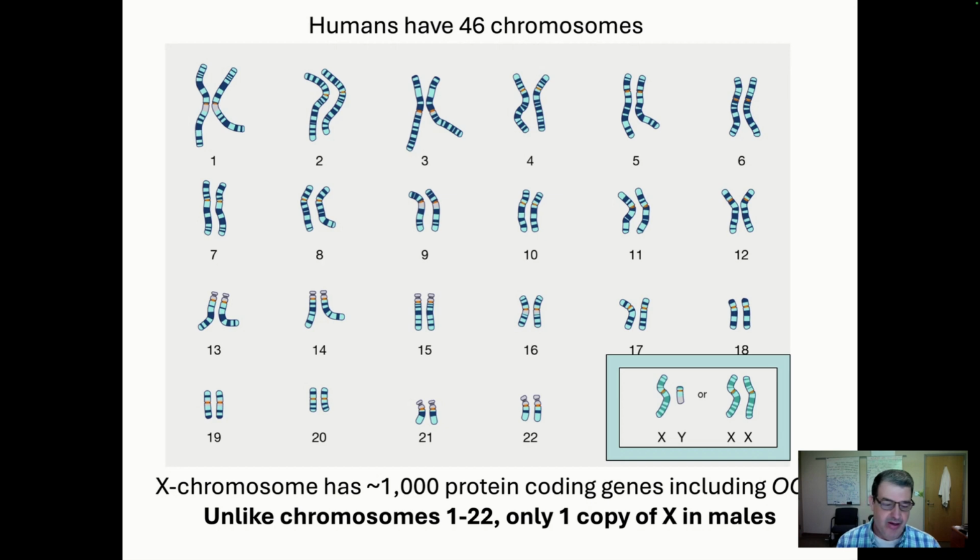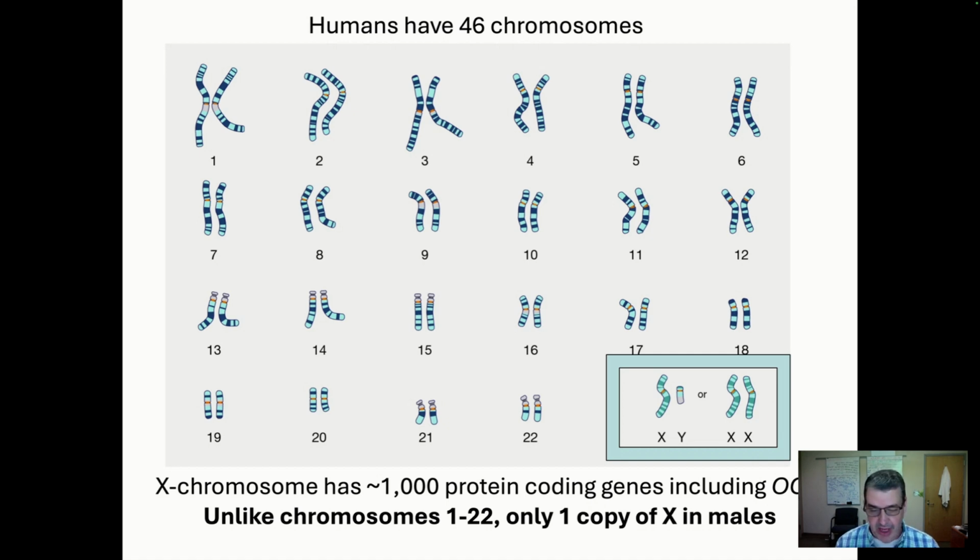However, if we go to the sex chromosomes, the X and Y, if you're male, you have one X chromosome and one Y chromosome. So if you have a mutation on your X chromosome, you don't have another X chromosome to keep you from having disease. Of course, sometimes in females, just having one bad copy is enough to show a disease.